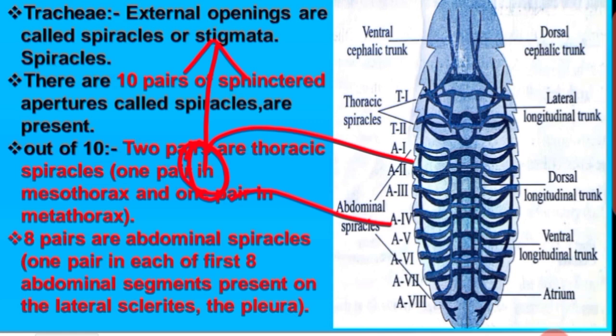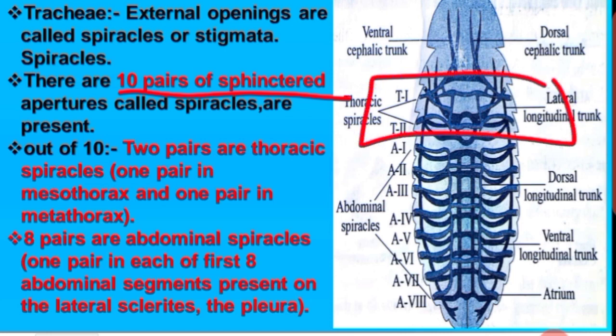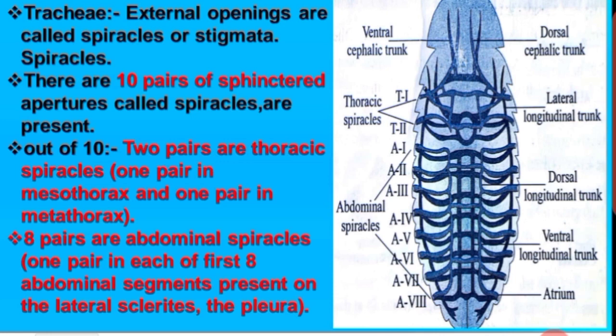How many spiracles are there? Totally 10 pairs of sphinctered apparatus called spiracles are present. Out of the 10 pairs, 2 pairs are present in the thoracic region. The rest of the 8 pairs are present in the abdominal region. Thoracic spiracles are present in the mesothorax and metathorax as thoracic spiracle 1 and 2.